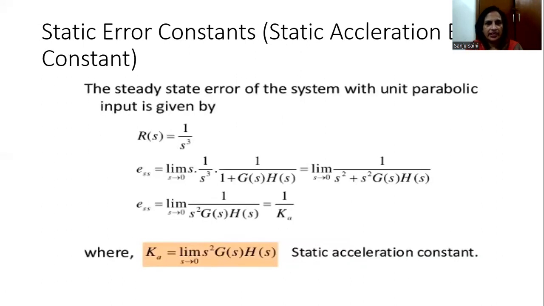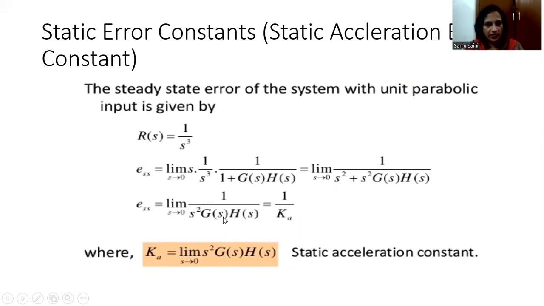Then we have the static acceleration error constant. For this, we take R(s) equal to 1 divided by s cube. So we take a unit parabolic input applied to the system. In such a case, steady state error is given by the limit of s into R(s), which is 1 by s cube, and the plant remains the same.